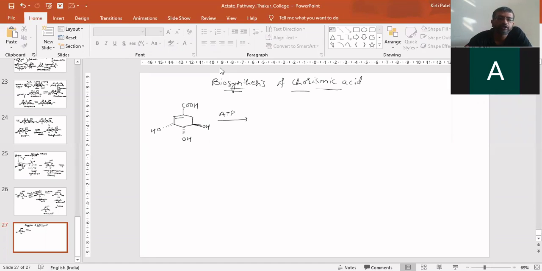So this ATP will get converted into ADP, and we will get one phosphate group attached to this particular hydroxyl group. So we will have OP, that is shikimic acid 3 phosphate.